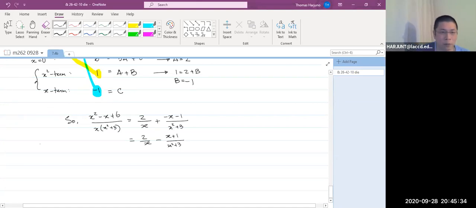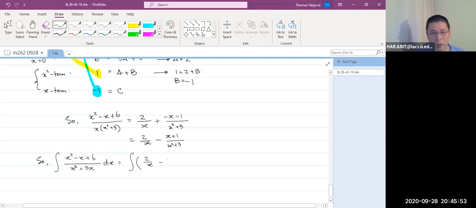Okay. Now, furthermore, going back to the integral of (x squared minus x plus 6) over (x cubed plus 3x) dx, therefore equals the integral of 2 over x minus (x plus 1) over (x squared plus 3).